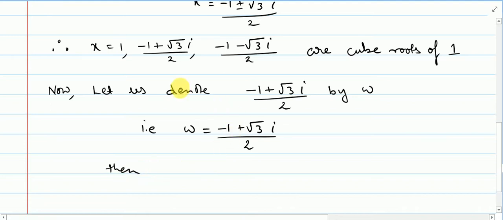Like here we have got 3 roots. These are the cube roots of 1. So I am going to denote this by omega. If you denote this by omega, then the other complex root will be omega square, okay, getting it?